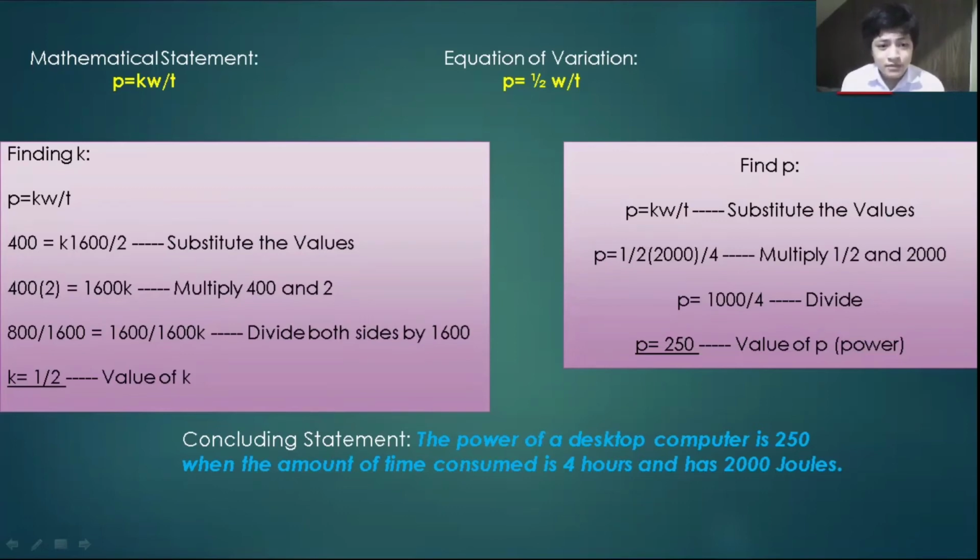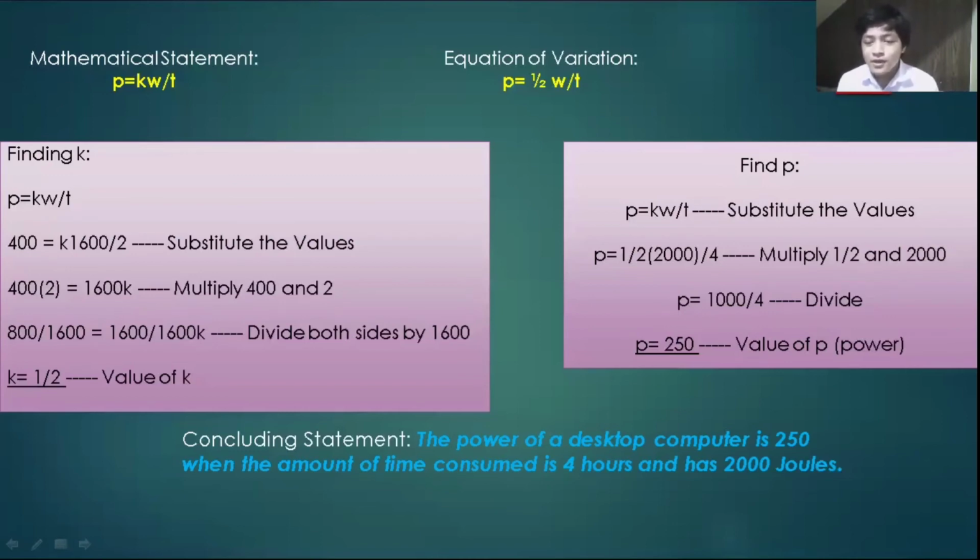Next we divide both sides by 1,600. So 800 over 1,600 equals 1,600K divided by 1,600. So we find the value of K, which is 1 over 2. The equation of variation: P equals 1/2 W over T.